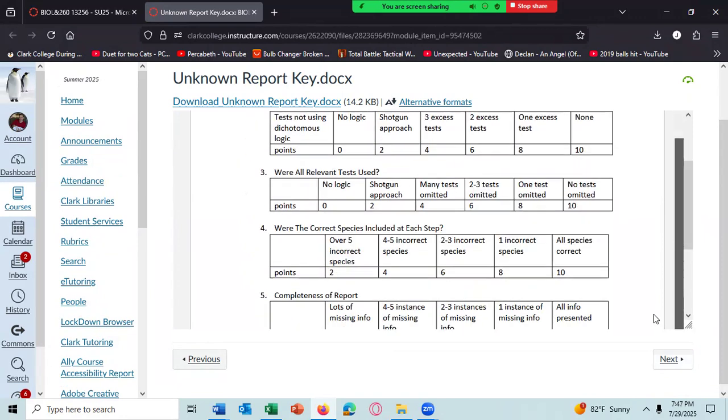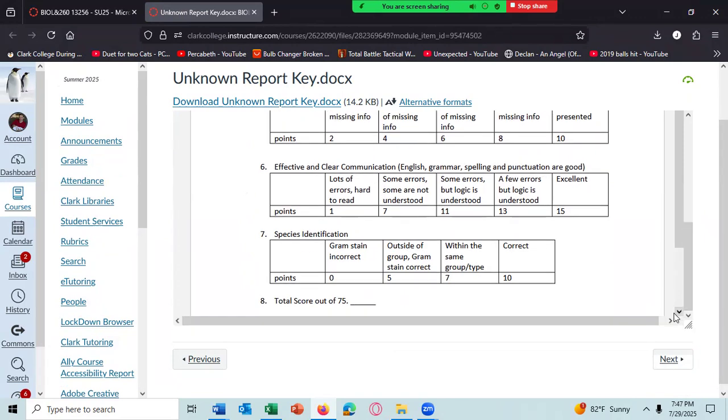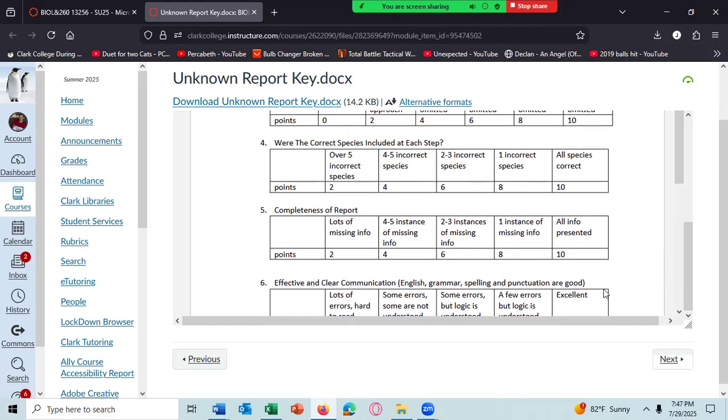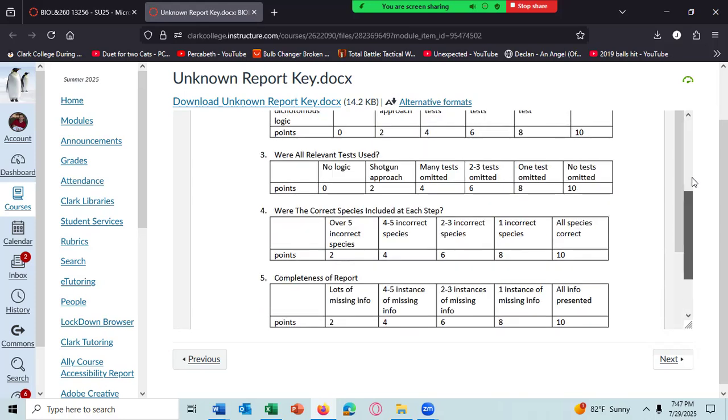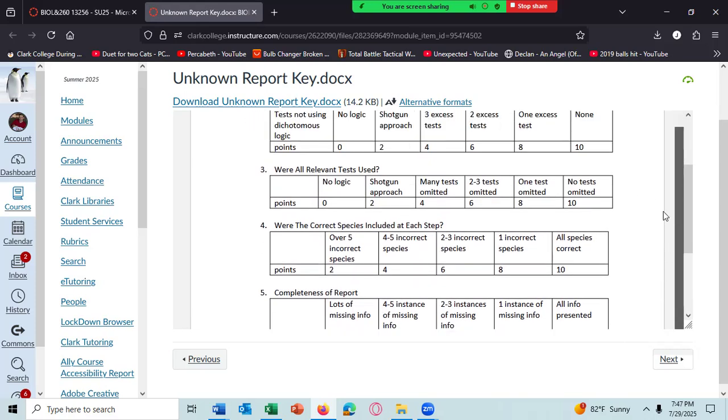You'll get 10, 20, 30 plus 5, 40, 50, 60, 70, 75 points for the grading.